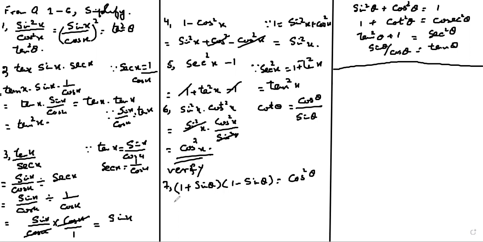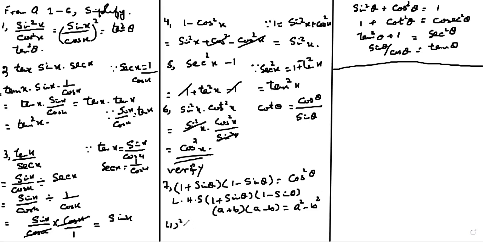We take the left hand side. Left hand side is 1 plus sine theta times 1 minus sine theta. So using a plus b into a minus b equals a square minus b square, we have the left hand side as 1 square minus sine square theta.